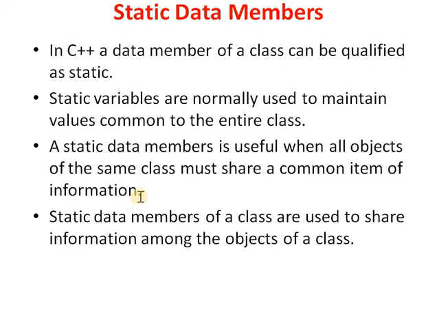In that situation, static data members are very useful. Static data members of a class are used to share information among the objects of a class. This is all about static data members.